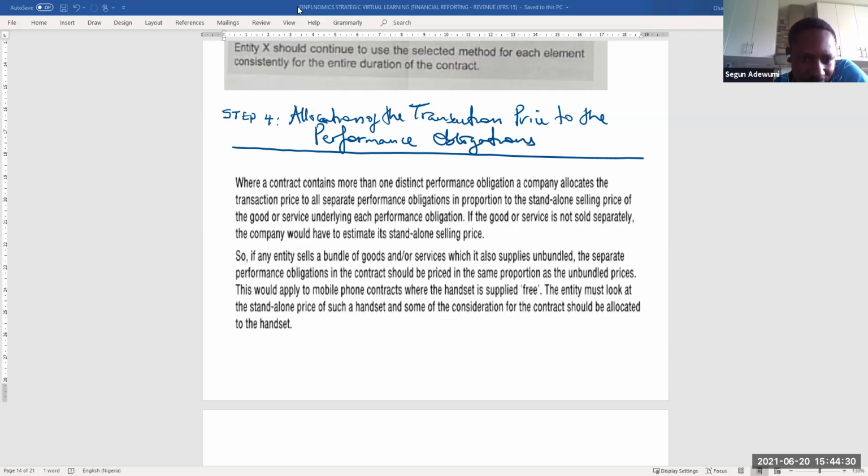So if an entity sells a bundle of goods or services, which it also supplies unbundled, the separate performance obligations in the contract should be priced in the same proportion as the unbundled prices. This would apply to mobile phone contracts where the handset is supplied free. The entity must look at the stand-alone price of such a handset, and some of the consideration for the contract should be allocated to the handset. Okay, thank you.